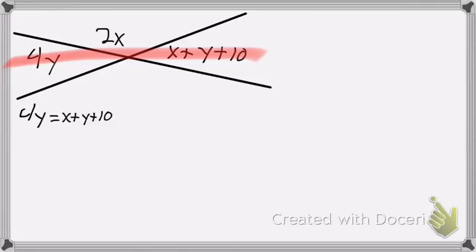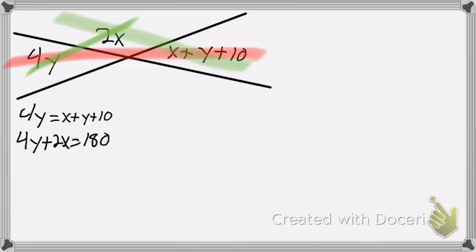So what I want to do is go ahead and see what my other options are. Remember, if you don't know what's going on, start writing down everything you know, see if anything pops up. Here, I'm going to write down also what my linear pairs are. So that 4y plus 2x equals 180. Unfortunately, that's not very helpful.